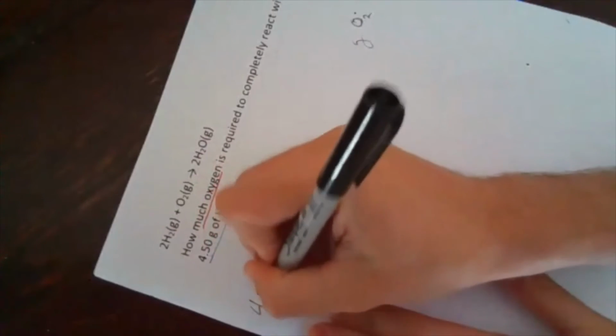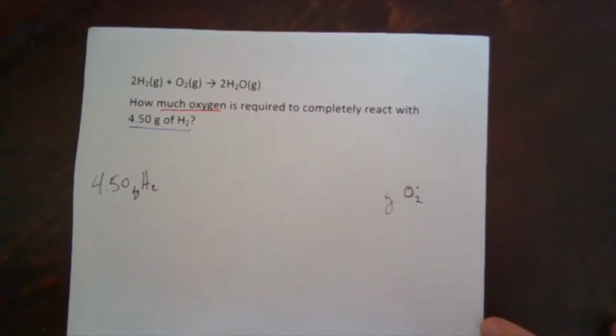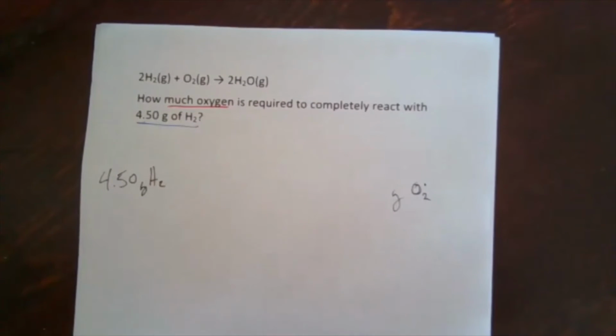And so we can see then that what we're doing is 4.5 grams of H2 to grams of O2. And so even though this is between 2 reactants, functionally, this is going to be the exact same type of stoichiometry we saw previously, because stoichiometry is based around reaction coefficients that come from balancing. Whether you're balancing 2 reactants or reactant and product or 2 products, it's always going to be the same rules.